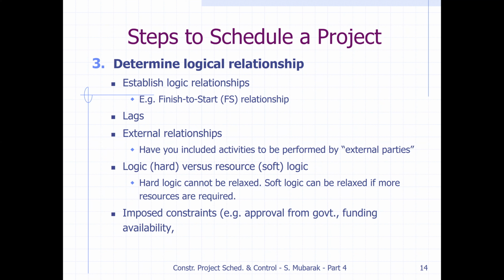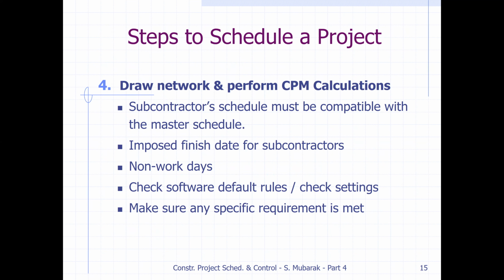So it is important here that we determine the logical relationship between activities: after this activity, what will be the next activity we build. Now we have decided the activities, their duration and their logic. Now we will draw the network diagram, and then perform the CPM calculations.